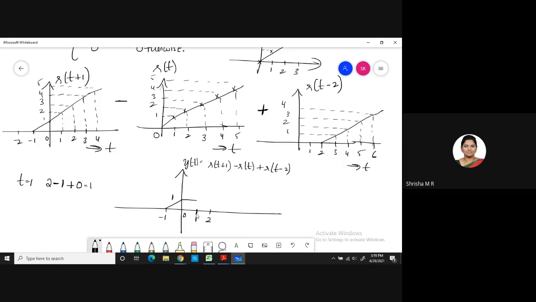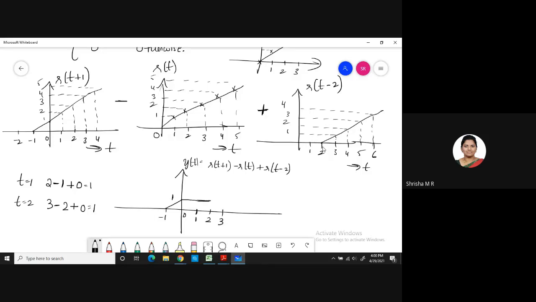In the first signal the amplitude is 3, minus 2 in this signal, plus 0 in this signal, which is equal to 1 only. At 2 also it will be 1.